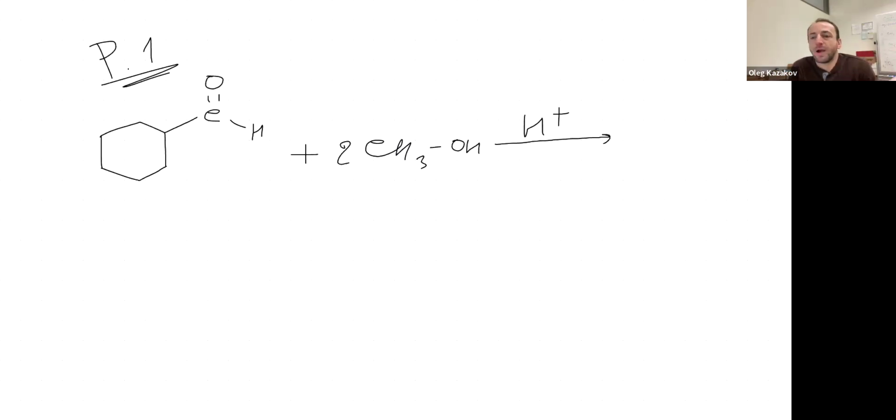This is a common pattern that we are going to recognize, represented by specific aldehydes and alcohols. Once an aldehyde reacts with two molecules of an alcohol, we are going to make not hemiacetal, but acetal.